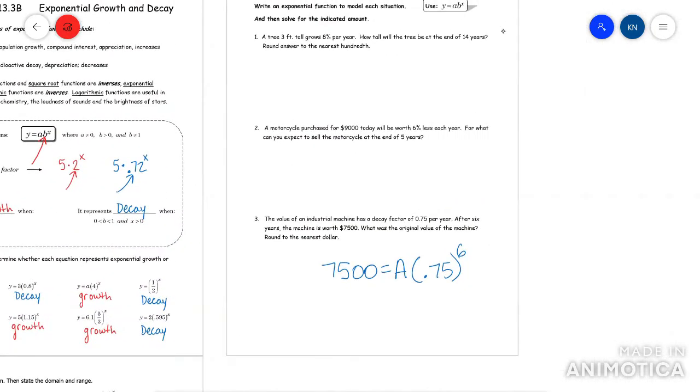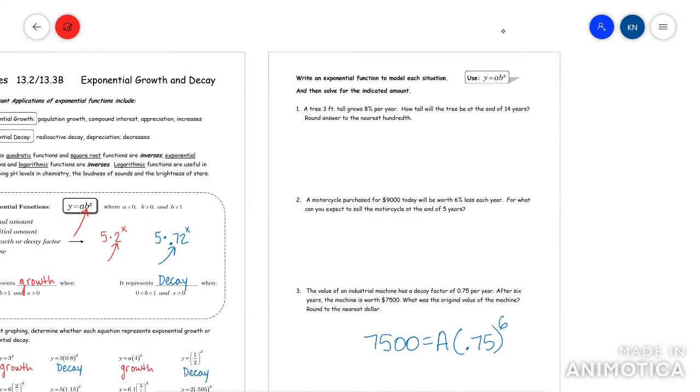Now, what you're going to have to do is use this equation, y equals a times b to the x. And really this b right here is going to be 1 minus your rate, or it could be 1 plus your rate, I guess. So 1 plus or minus the rate.